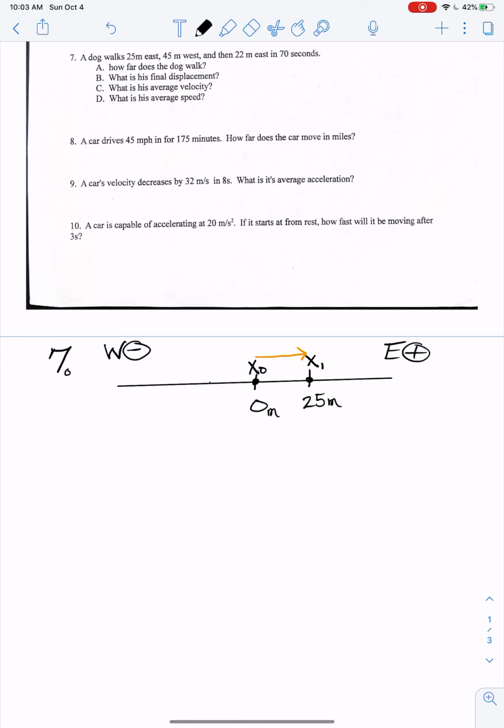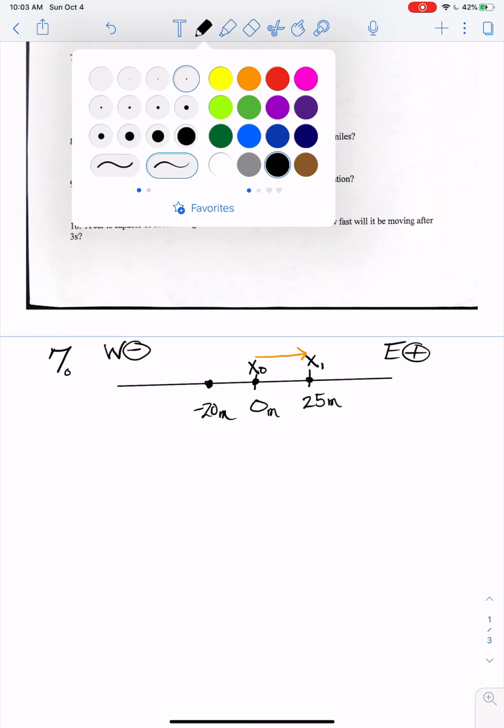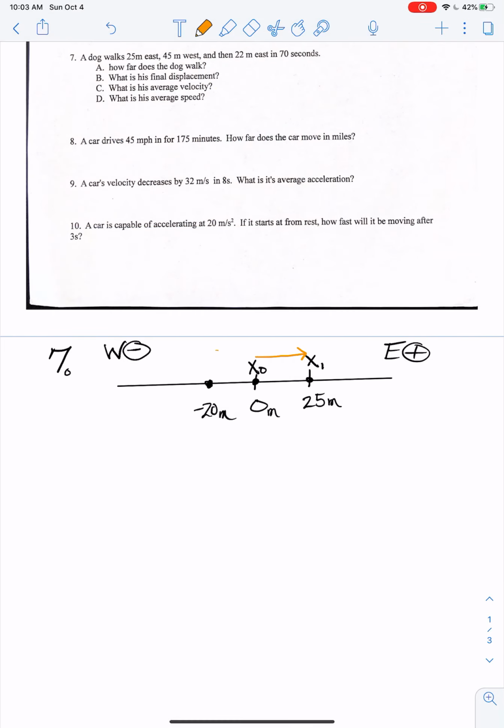So we're saying about right here, which is going to be at position negative 20. All right, so we're saying with that next move, the dog goes here. So we're seeing, okay, I'm just going to leave those arrows there right now. And this is going to be position x2.